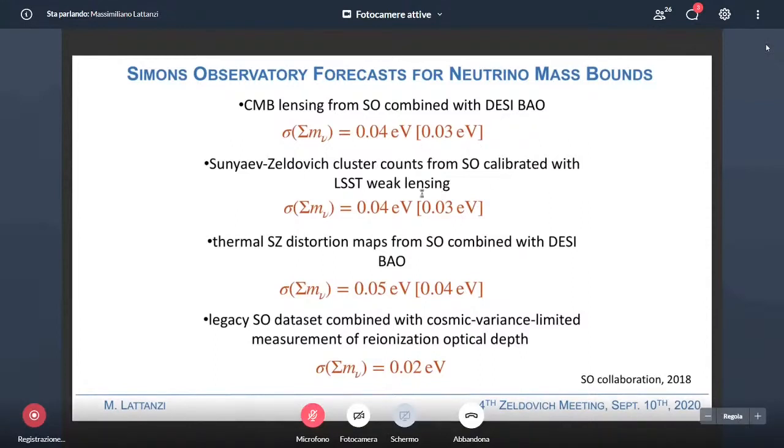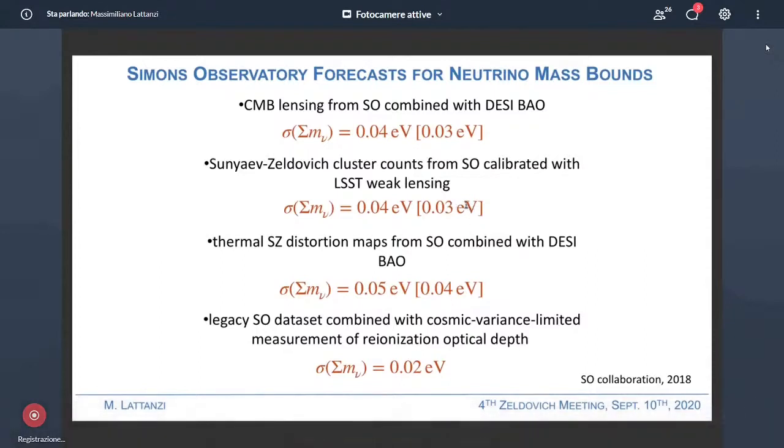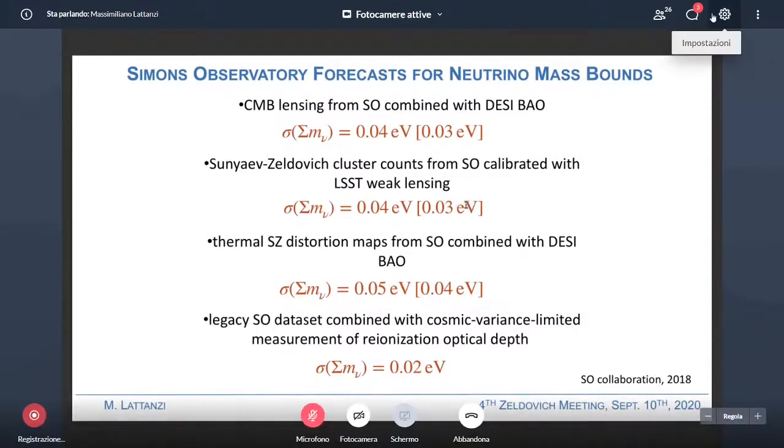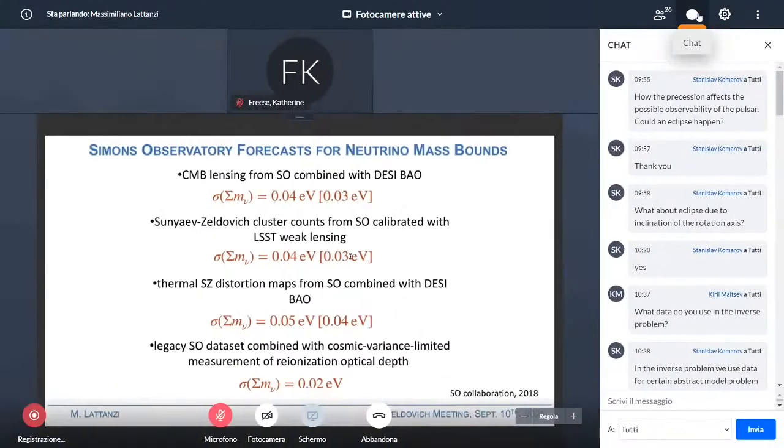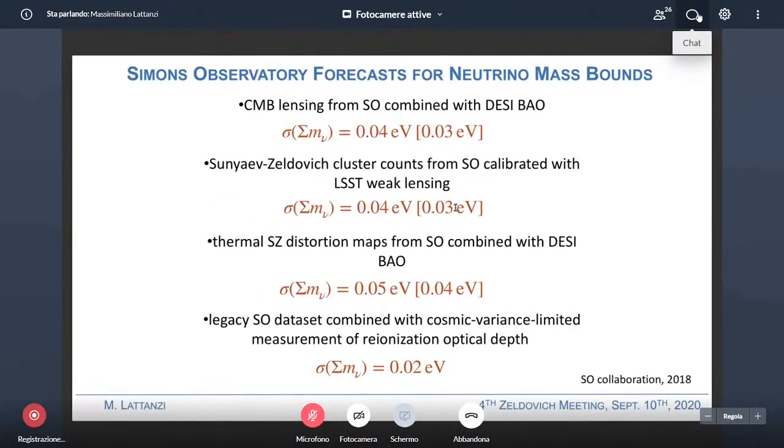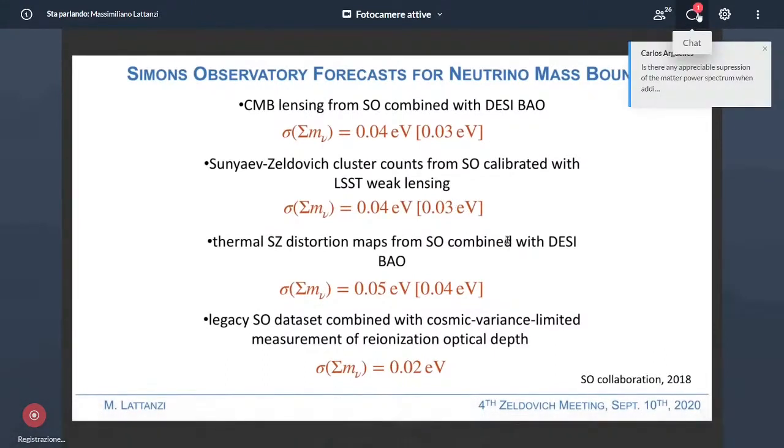These are very interesting numbers because they will allow us to measure neutrino mass, even in the case of the minimal mass allowed by normal hierarchy, not with huge statistical significance, but still we will be able to measure the mass at the, let's say, 2 sigma level, more or less, depending on the numbers that you look at.